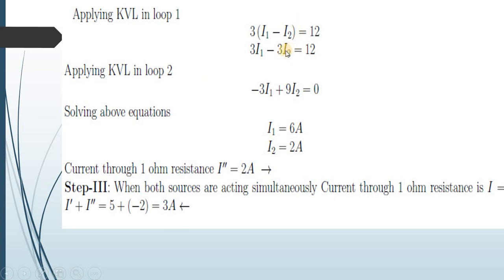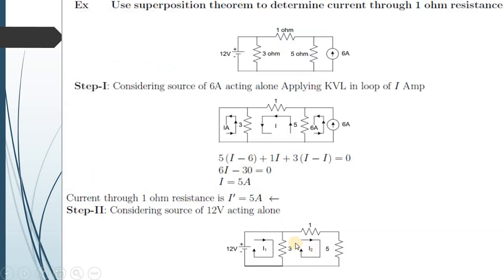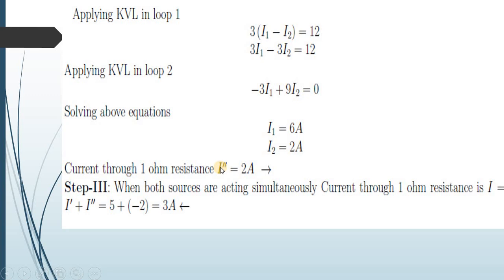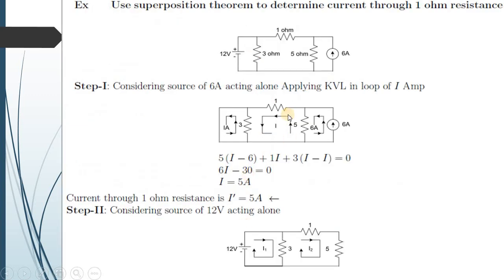By solving these simultaneous equations, 3I1 minus 3I2 is equal to 12 and minus 3I1 plus 9I2 is equal to 0, we will get I1 and I2. So the current which will flow through the 1 ohm is I2. That means I2 dash is 2 ampere. Now due to this 12 volt, current will flow in this direction, and due to this 6 ampere, current will flow in this direction.